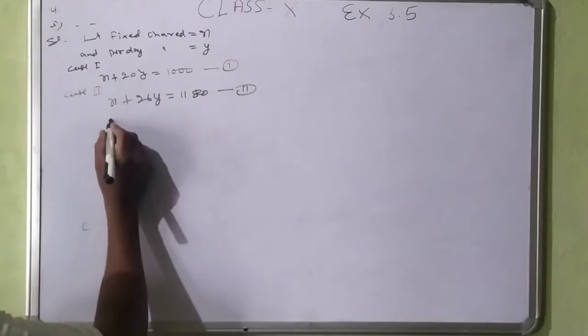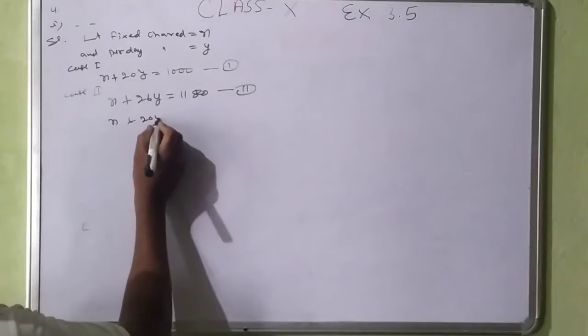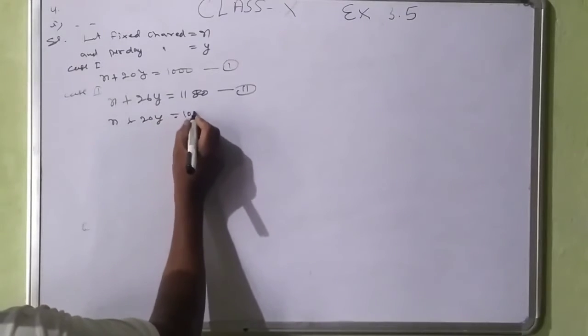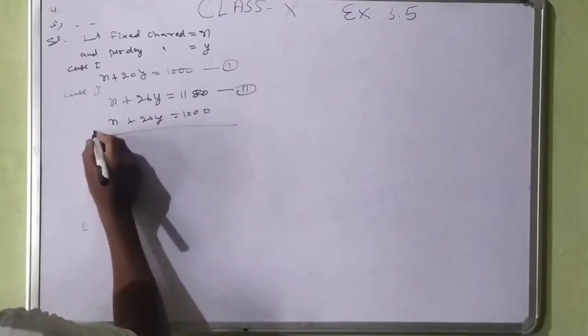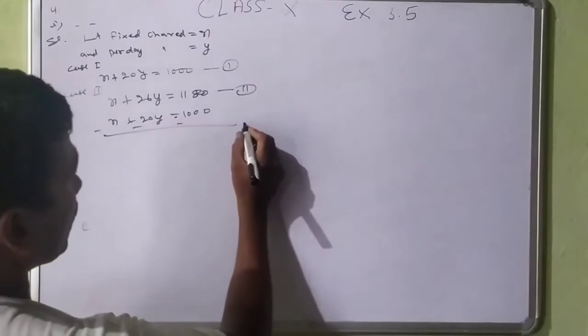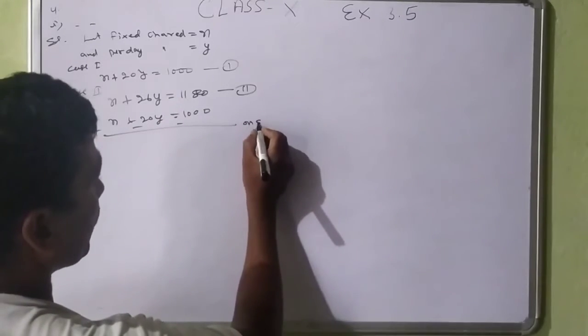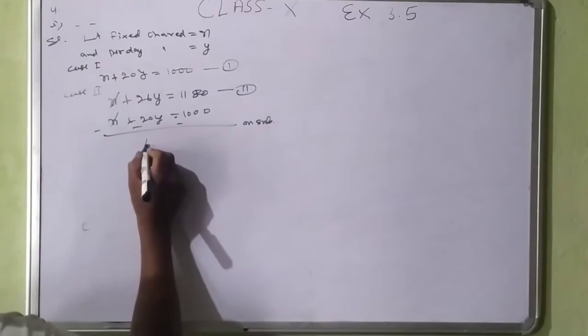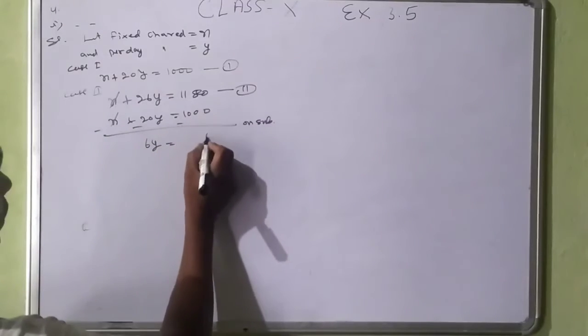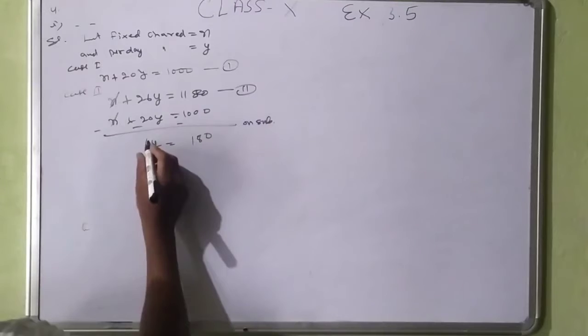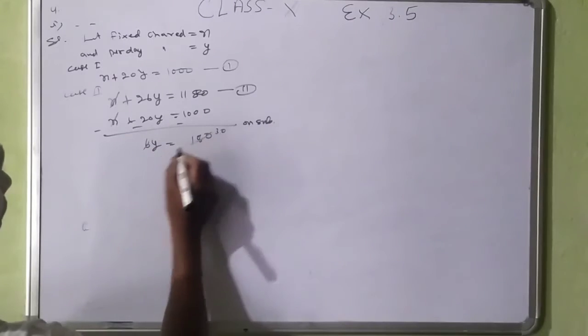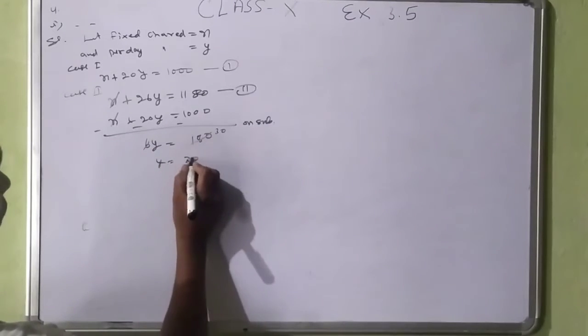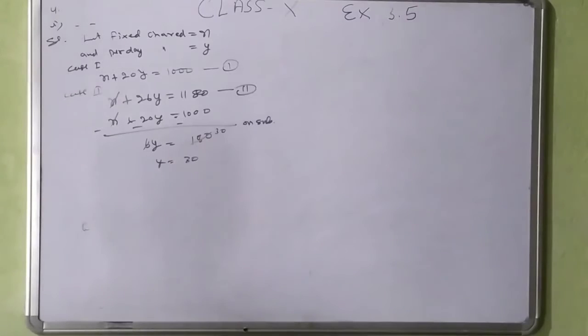So x plus 20y is equal to 1000. The signs change on subtraction. x cancels. 6y is equal to 180. 6 thirties, y is equal to 30.